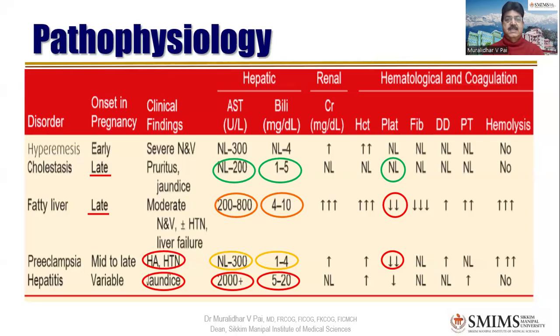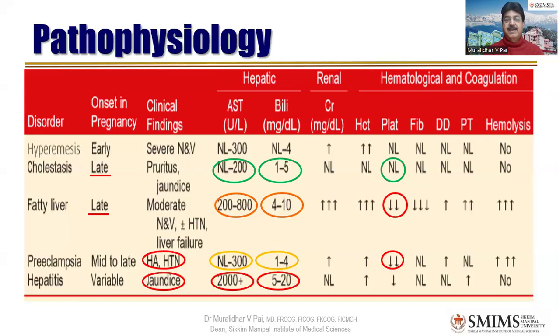So this is the important table that will differentiate between infective hepatitis, where there is deep jaundice and very highly increased AST/ALT; preeclampsia, where hypertension is the differentiating point, liver enzymes are mildly elevated, and platelets are low; and fatty liver, where the enzymes are elevated and jaundice is there, but not to the extent of hepatitis, and platelets are decreased.